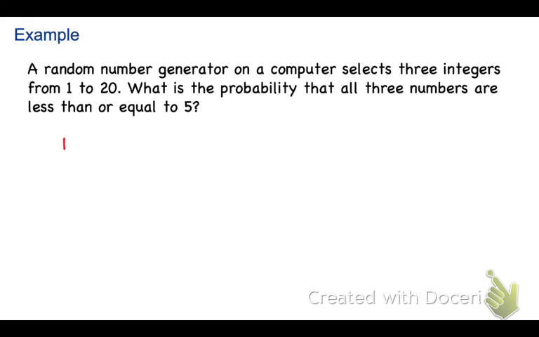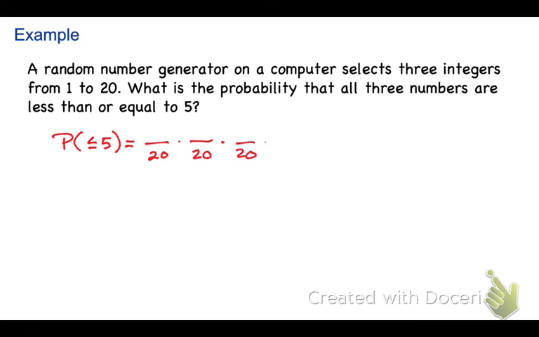So I want the probability of less than or equal to 5. Okay, so 1 through 20, how many numbers are there to choose from? 20. And then I'm going to do it again, and again. It's 3 times.